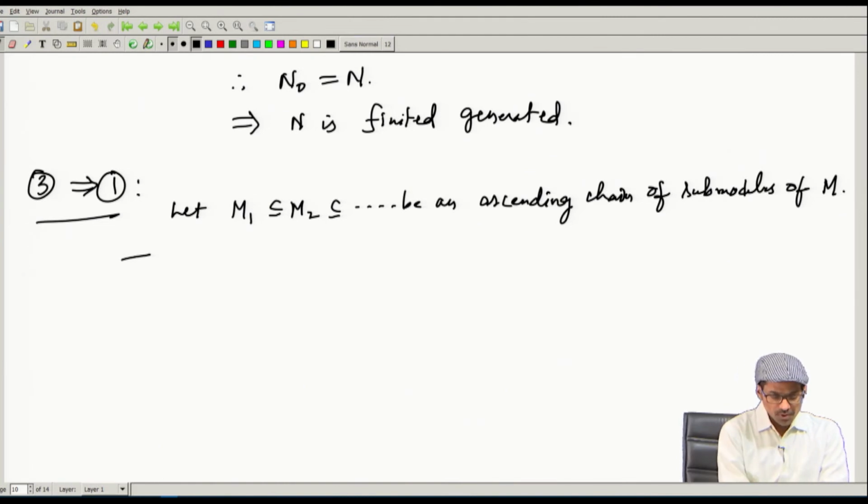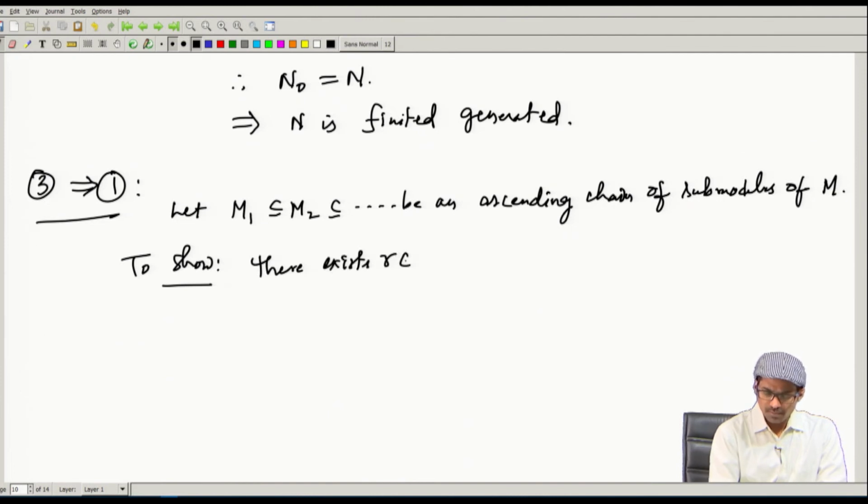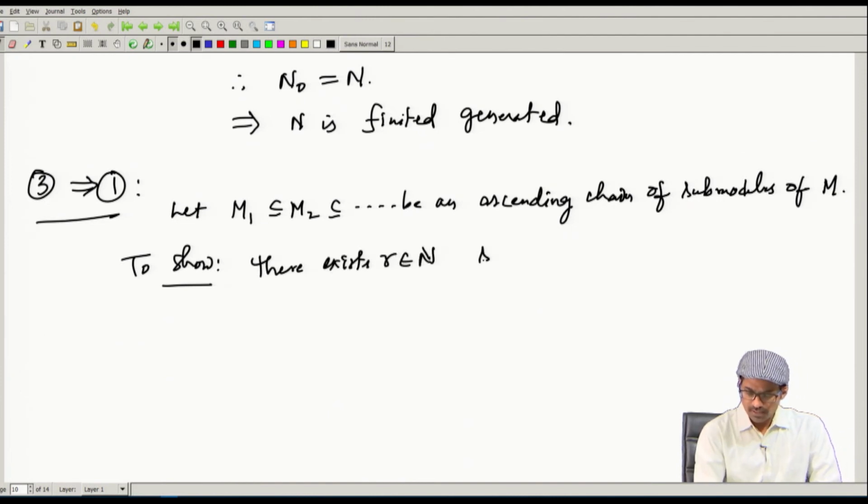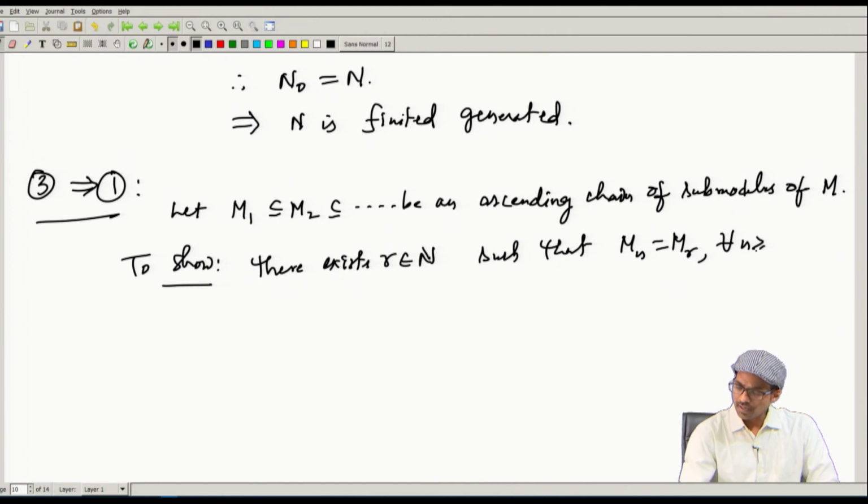So, what we need to show? We need to show that there exists some r belonging to N such that Mn equals Mr for all n greater than or equal to r. Means from a certain rth stage onwards all the modules in the ascending chain are equal.